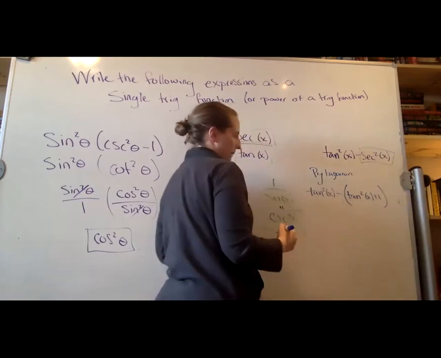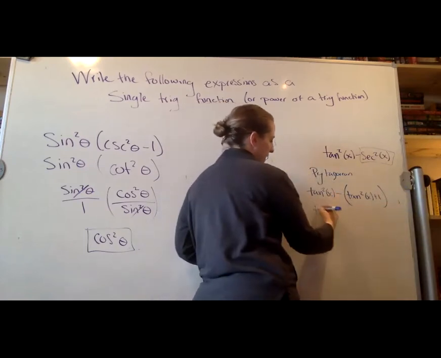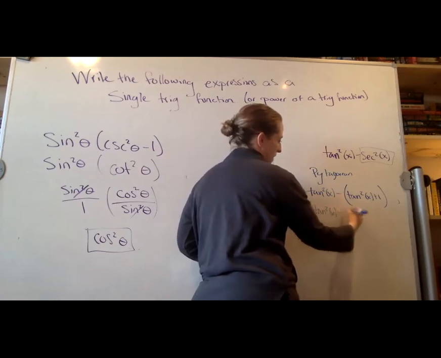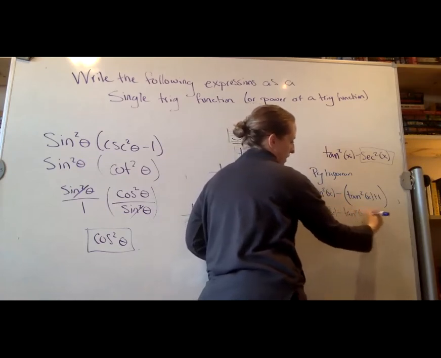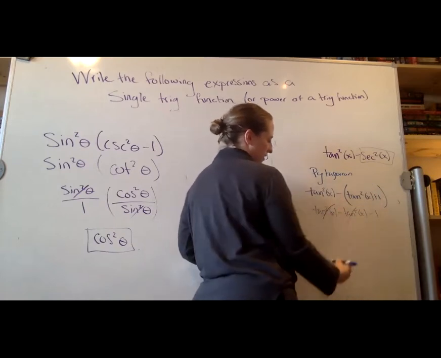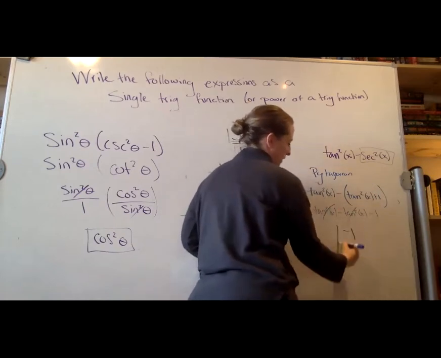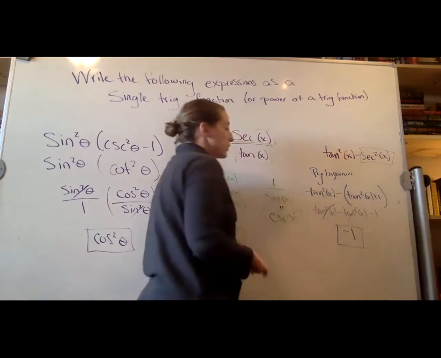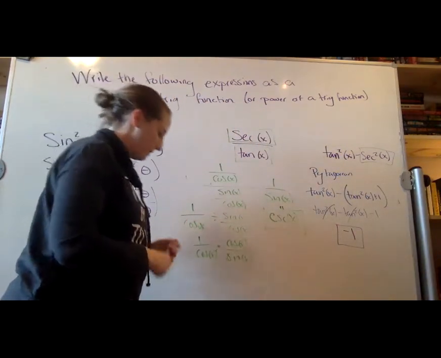And now let's see what happens. When I distribute the negative, I'll have tangent squared minus tangent squared minus 1. Tangent squareds cancel, and I'm just left with minus 1. So this reduces down to -1.